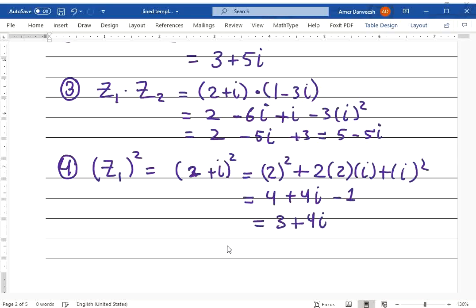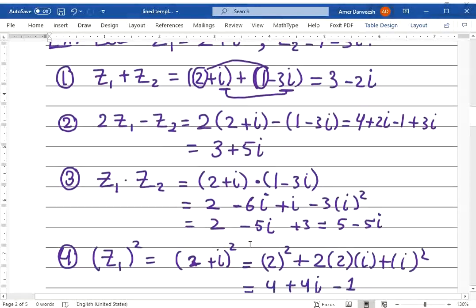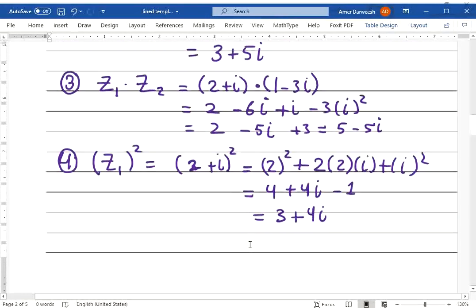So هيك بنكون تعلمنا كيف نعمل عمليات حسابية على الكومبلكس نمبرز، جمع وضرب وطرح.